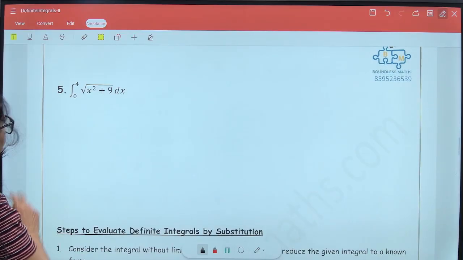The next question is integral of square root of x square plus 9, and the limits are 0 to 4.